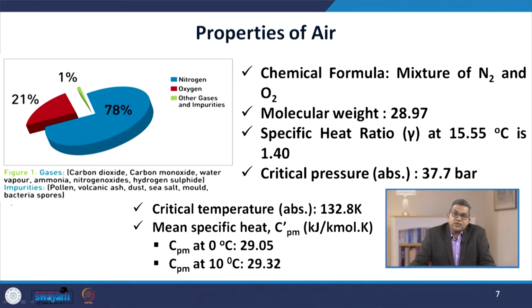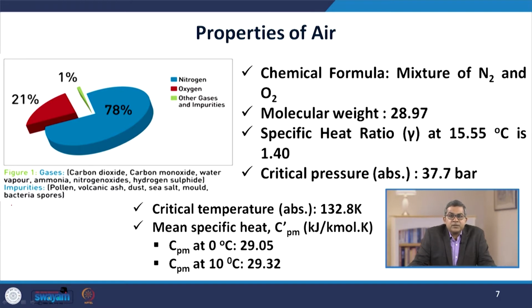Now the properties of air: it is a mixture of nitrogen and oxygen, having a molecular weight of 28.97. The specific heat ratio at 15.55 degrees Celsius is 1.40, and the critical pressure is 37.7 bar, whereas the critical temperature is 132.8 Kelvin.